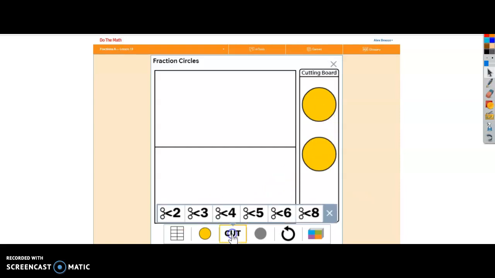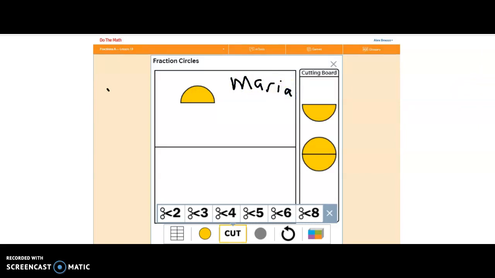All right, so I'm going to cut this first cookie in half. So Maria has half a cookie. This is Maria. I'm going to write her name, Maria. And she has half.